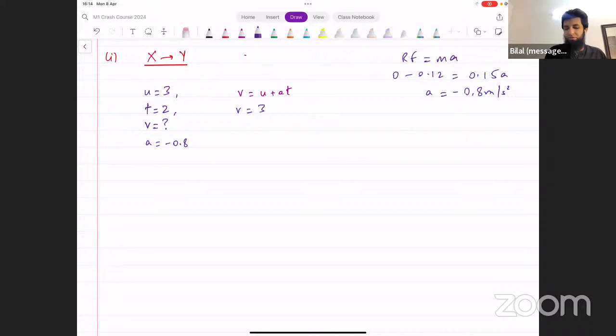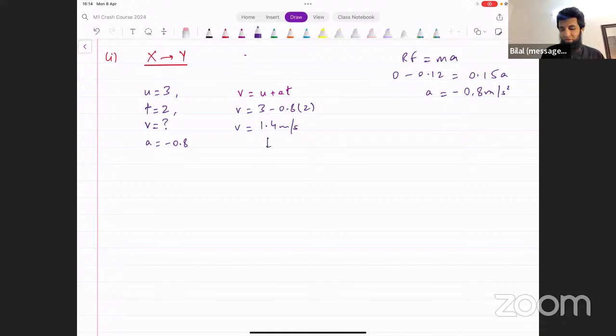So v equals 3 minus 0.8 multiplied by 2, and that gives us 1.4 meters per second. This is the velocity at which the block arrives at y, at which it hits the wall.